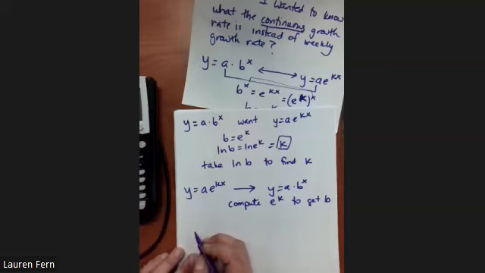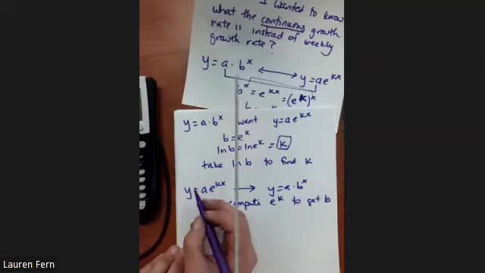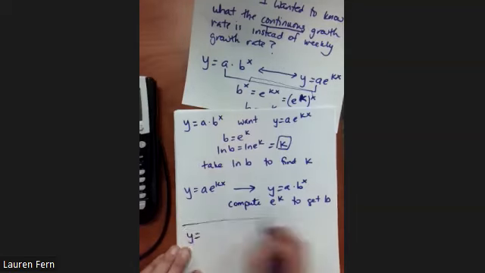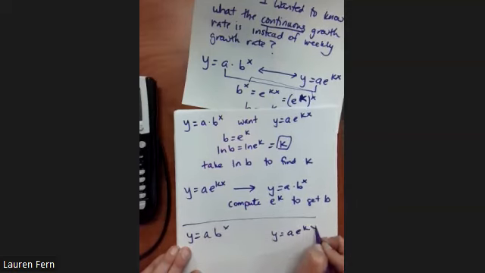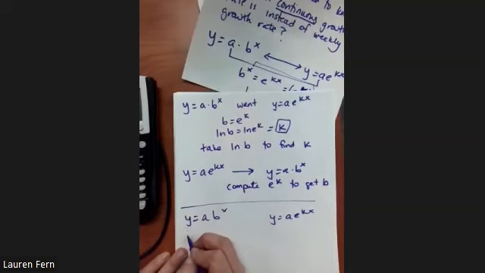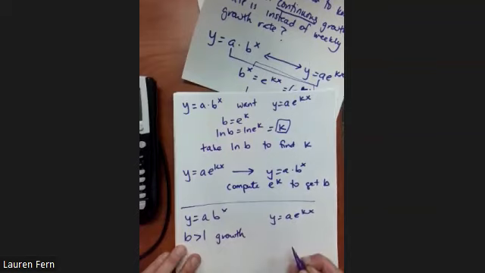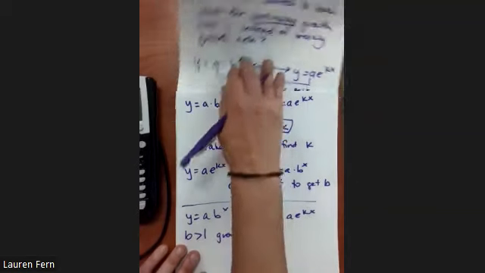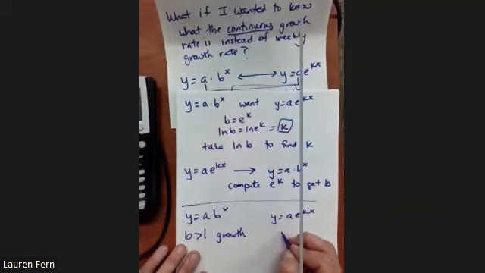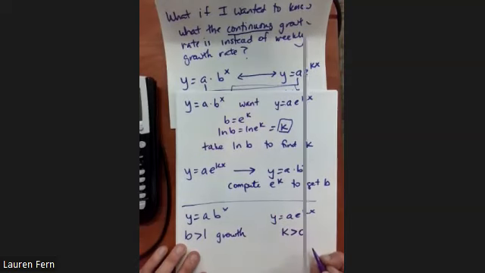Now, something that I want to mention is if you have a b to the x, a e to the kx, we know that if b is greater than 1, we have exponential growth. In those situations, your k is going to be a positive number.